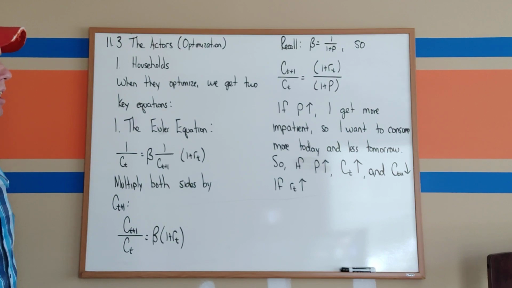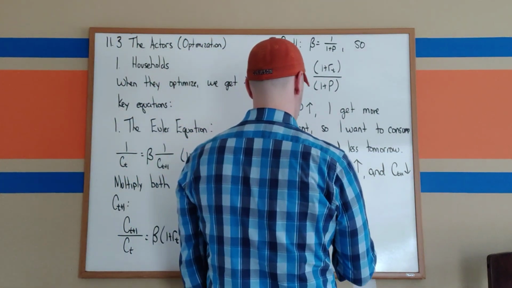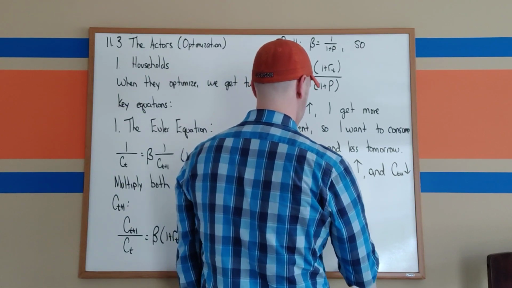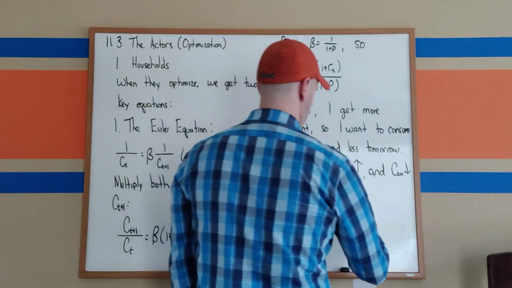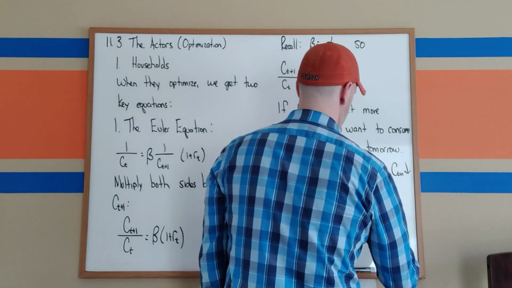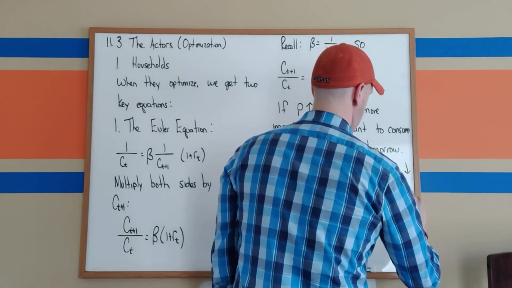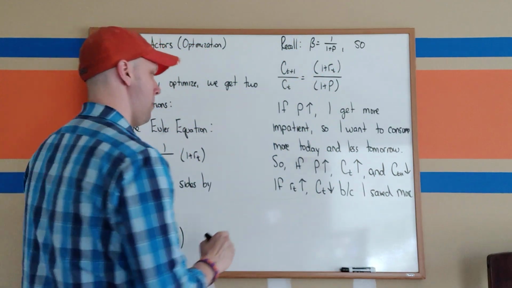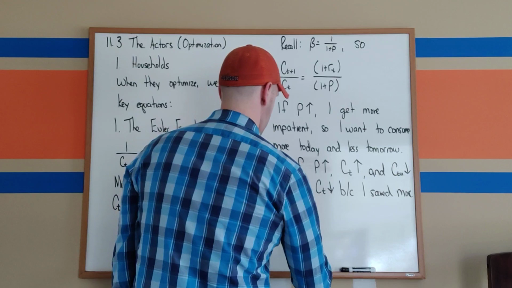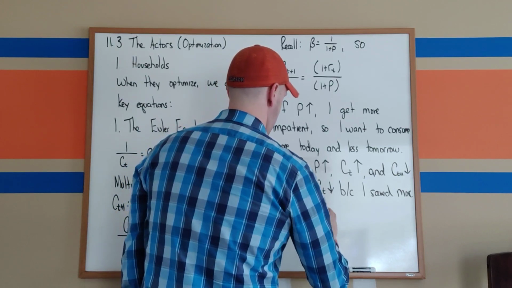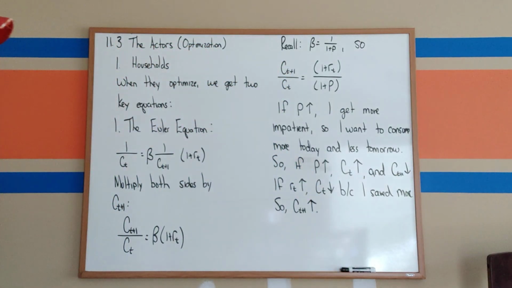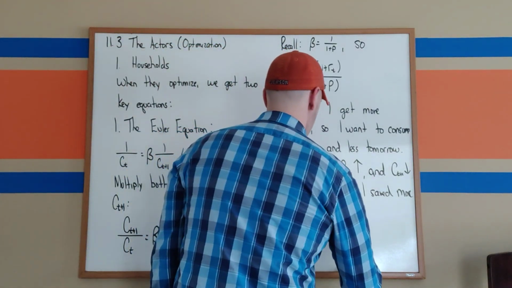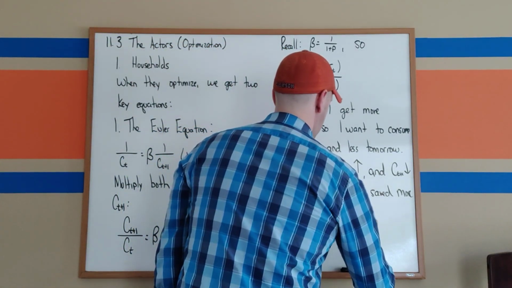So if the interest rate goes up, I consume less today. I consume less because I saved more. So CT plus 1 will go up instead, meaning I consume more tomorrow. A penny saved is a penny earned.